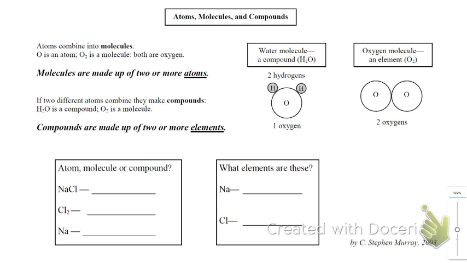All right. So the other thing our video also talked about was putting these atoms together. So when atoms combine, they make a molecule. So this is a vocab word here. A molecule is more than one atom combined, okay? So oxygen on its own is just an atom. 2 oxygens together make a molecule.